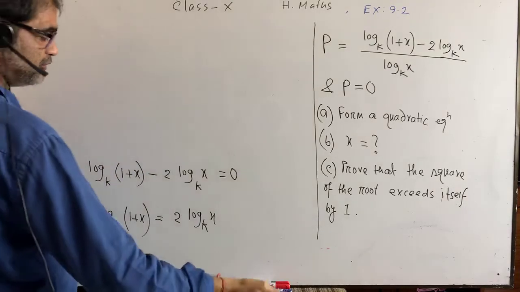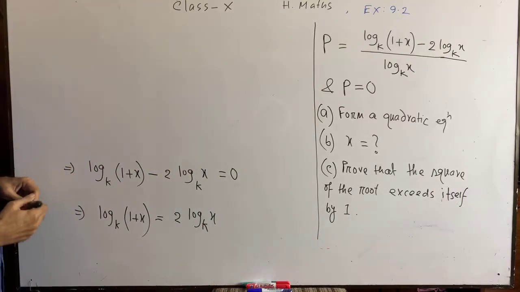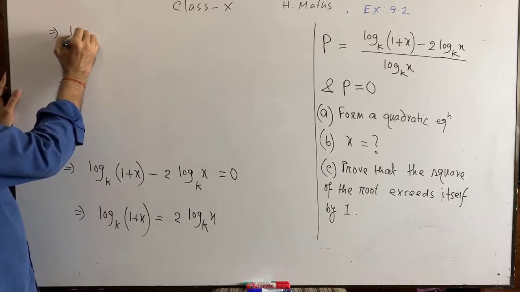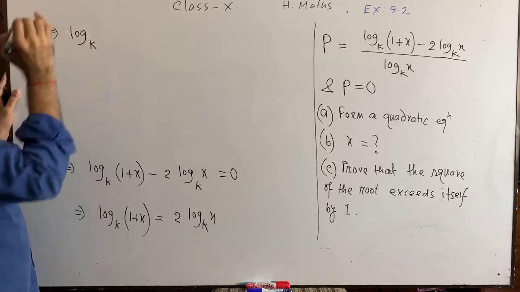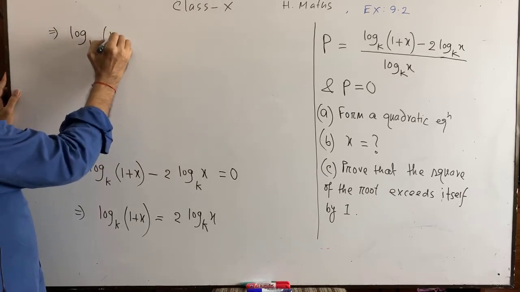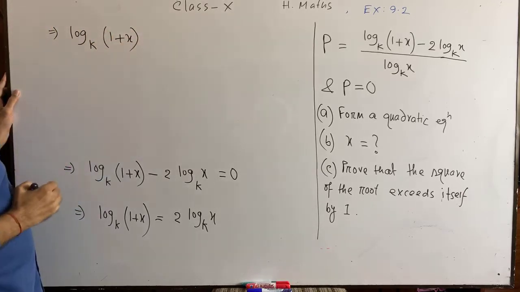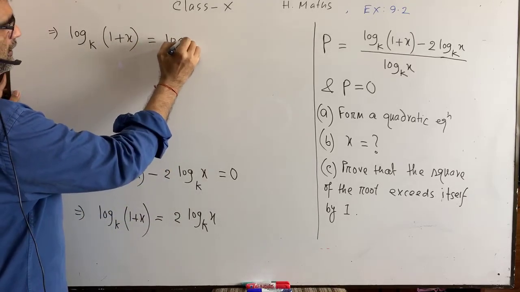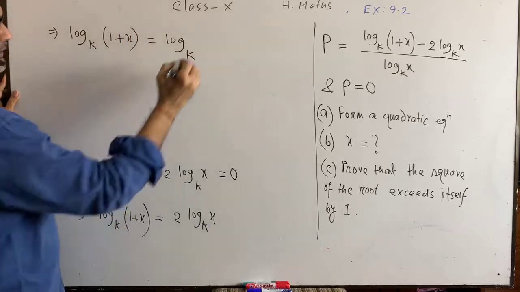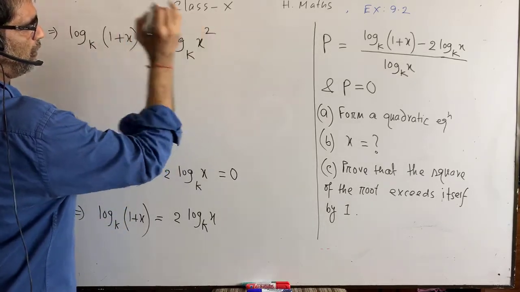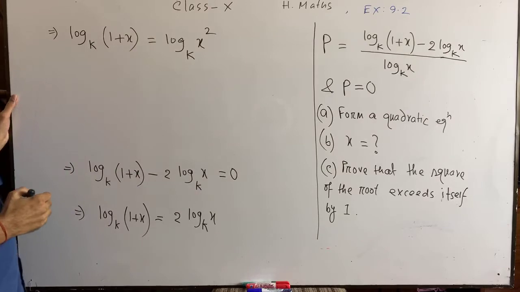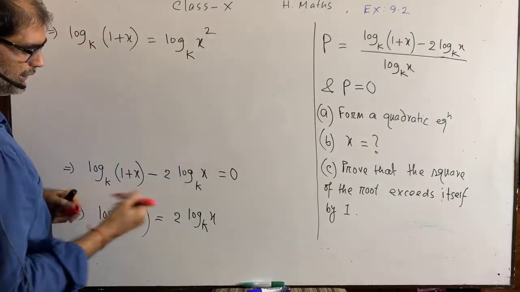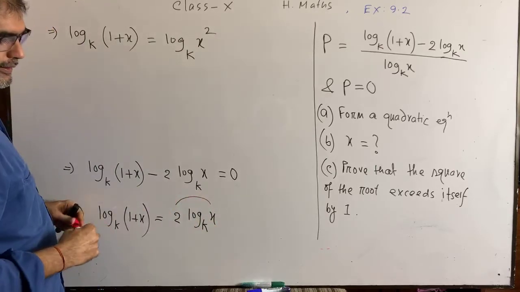After that, you see we get log base k of (1 plus x). These two, you know the formula. What will it be? It will be as power, right? This two will be where? It will be as power, okay?